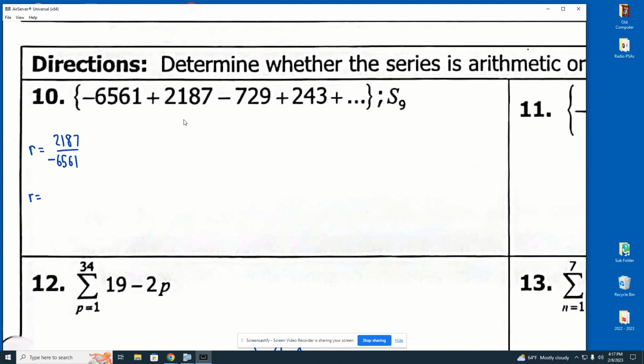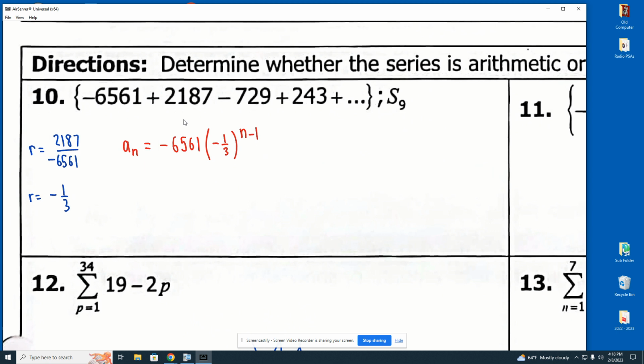And again, feel free to type that in your calculator. You get negative 1/3. So this equation is a sub n equals a sub 1, negative 6561, times your common ratio, negative 1/3, raised to the n minus 1 power.